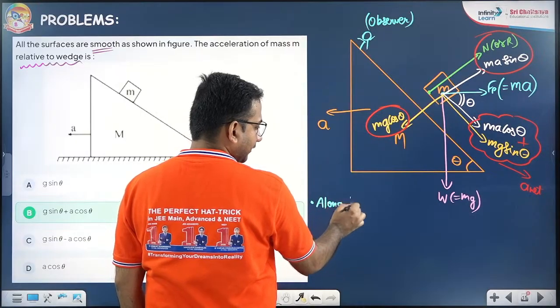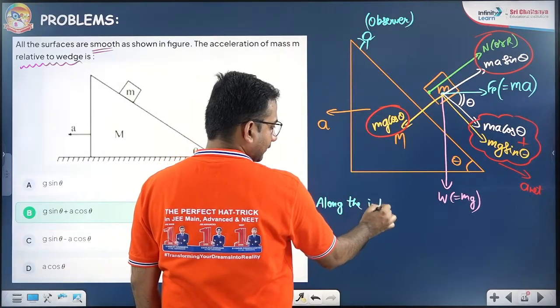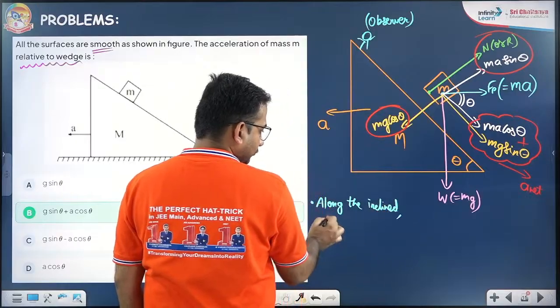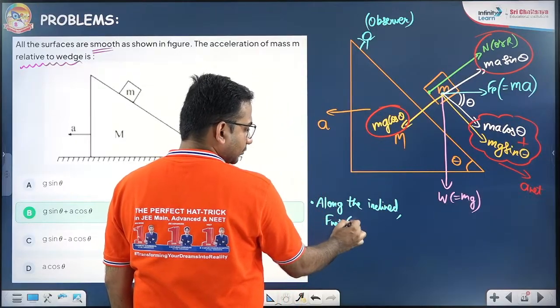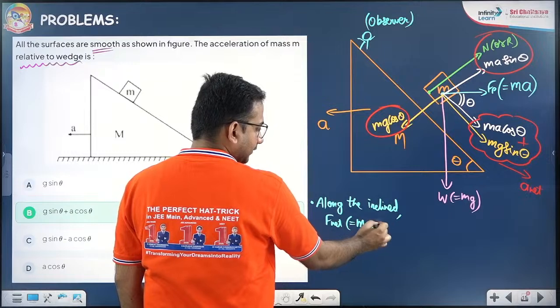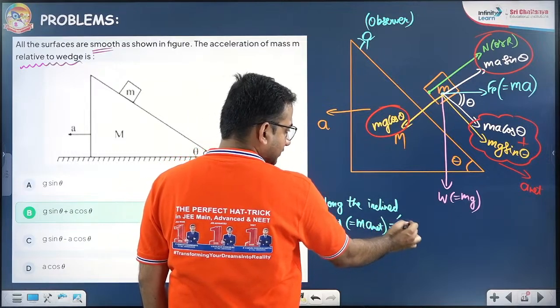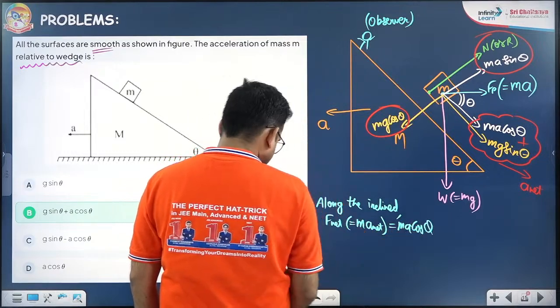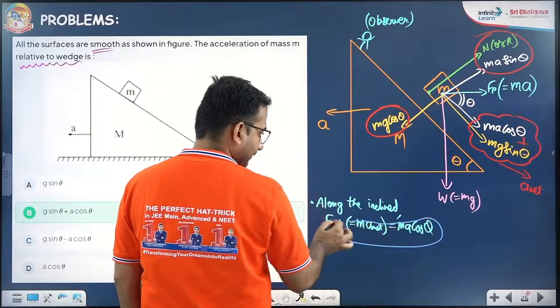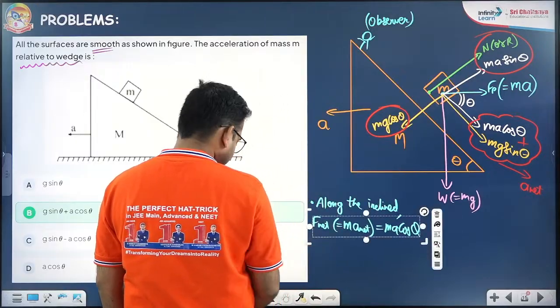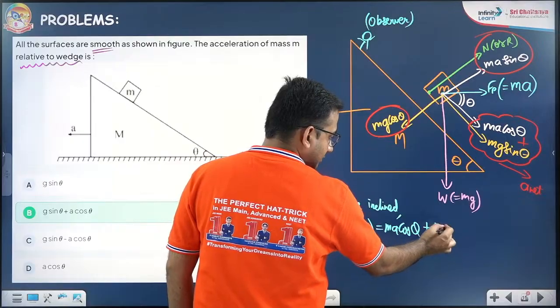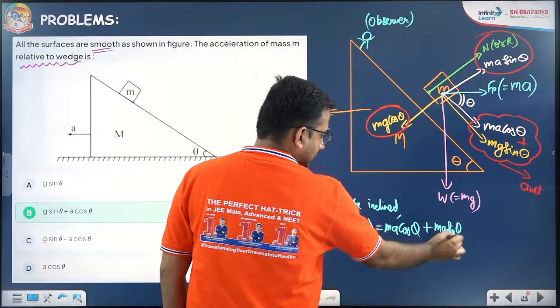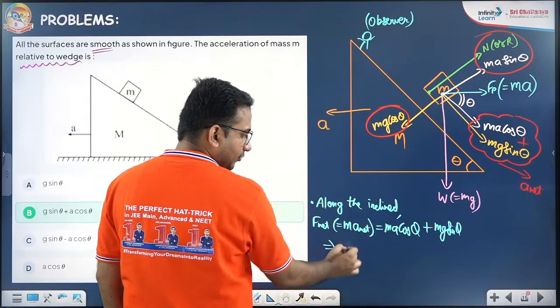So along the incline, the net force F net, which is equal to M into A net, will be equal to MA cos theta plus mg sin theta. As a result, m gets cancelled.